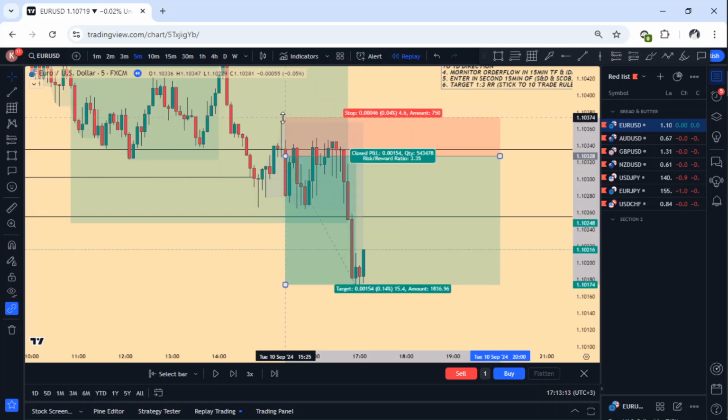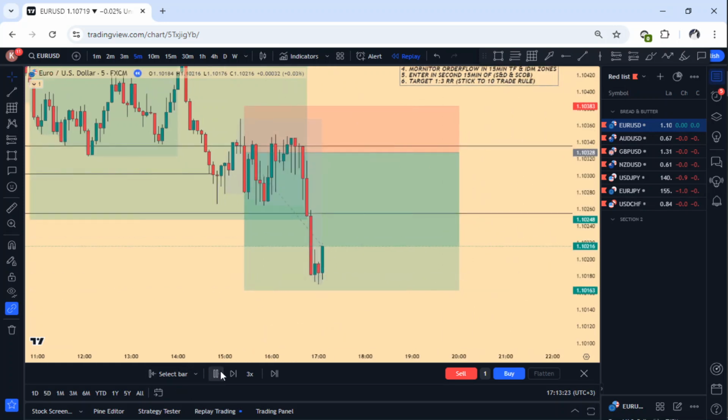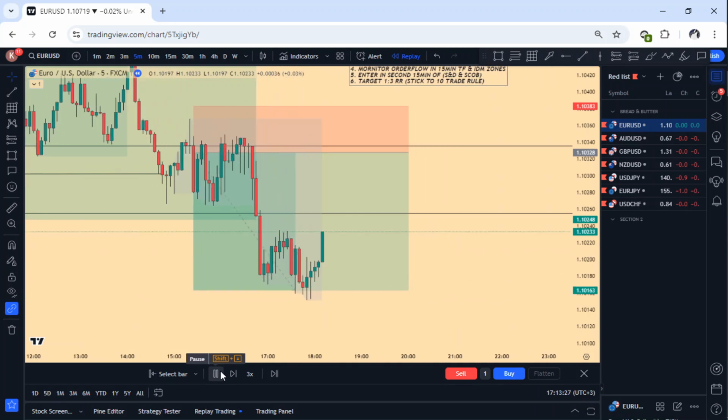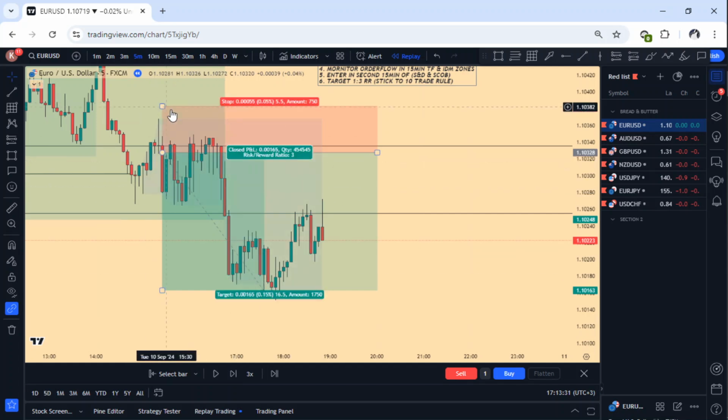Or if you are so aggressive, you can put it there, but that would be so risky. You give it just a small room to breathe, and then you target at least a 1 to 3. Okay, it gave a 1 to 3 if you took it on 5.5 pip stop loss.